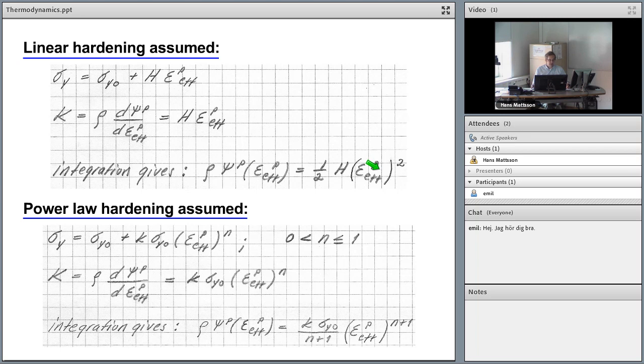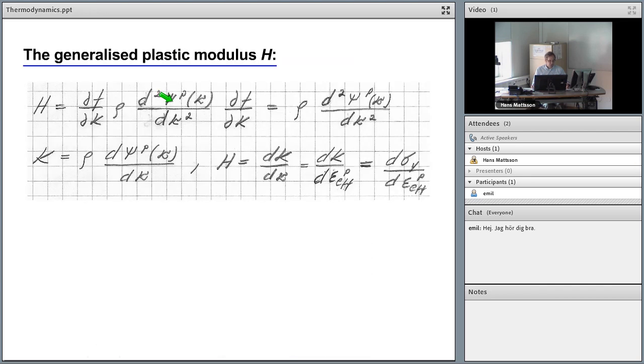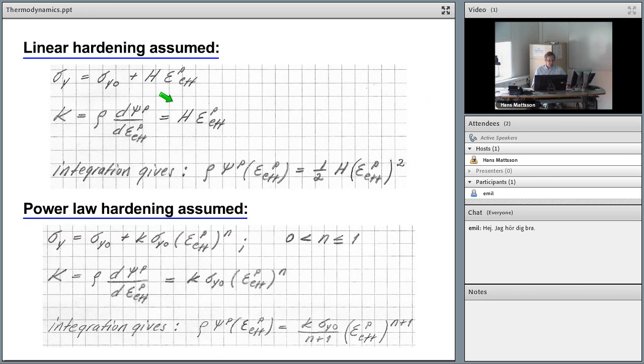You see then that K will be the hardening modulus times the effective plastic strain, because sigma y is sigma y 0 plus K here. And then if we make an integration of this result here, we just integrate it, then we get this result here.